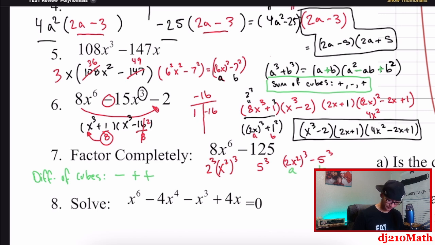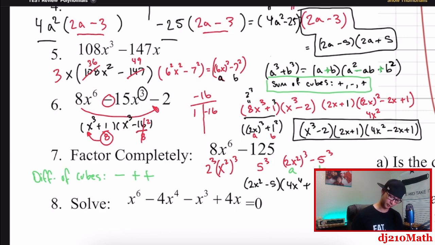I don't know if it's the final answer, but the next answer for sure is going to be 2x squared minus 5, and then a squared, which is 2x squared squared, so 4x to the 4th, plus a times b.